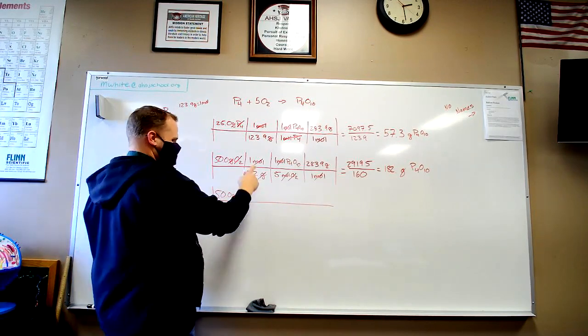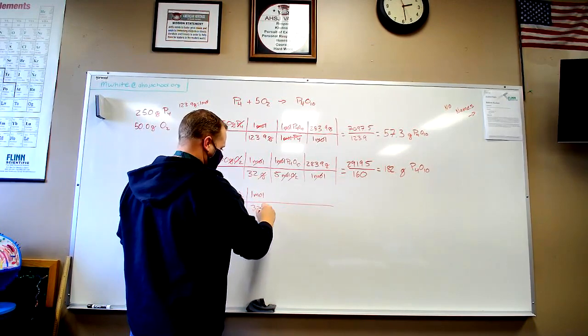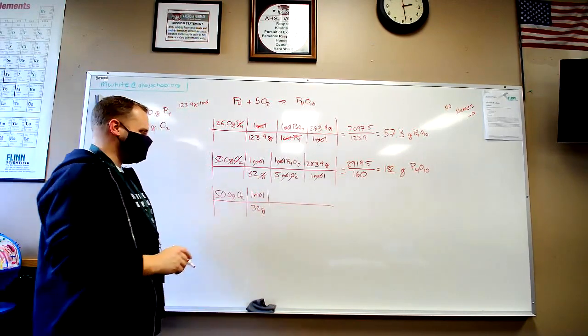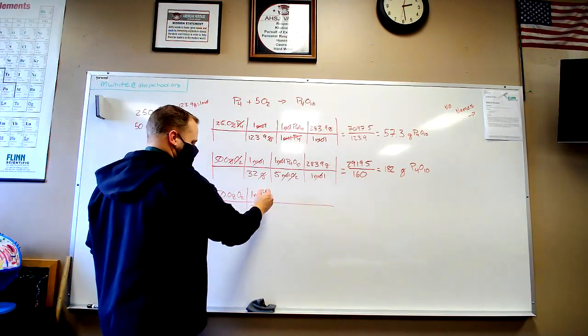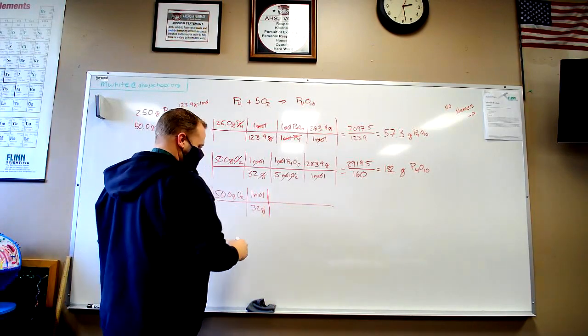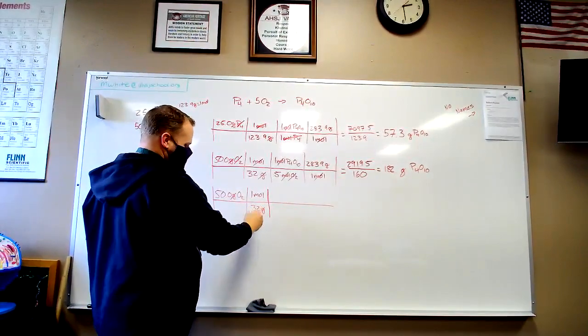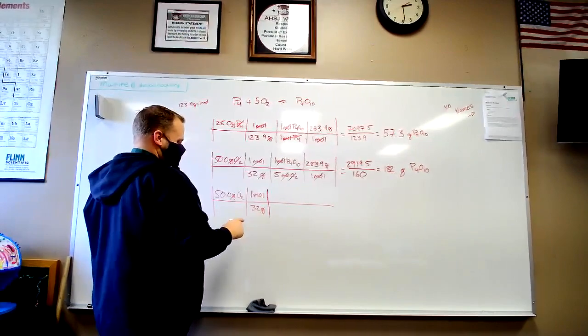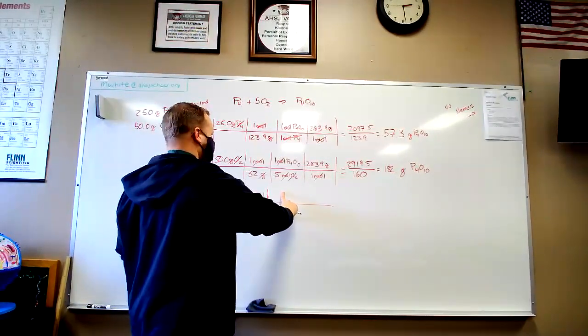Once again, we have to change it to moles. The nice thing about the excess is that you've gotten a lot of the calculations already done. So we already have that one. Grams cancels out. Now we need our mole ratio. The mole ratio comes next.